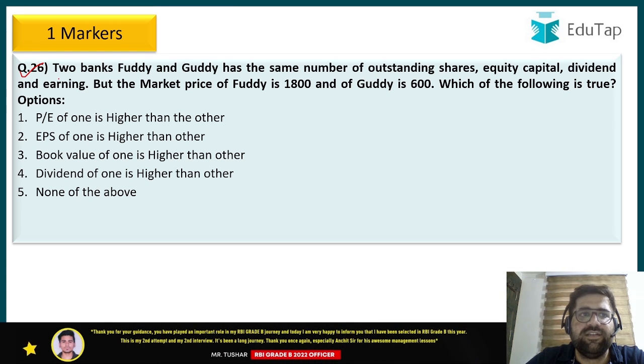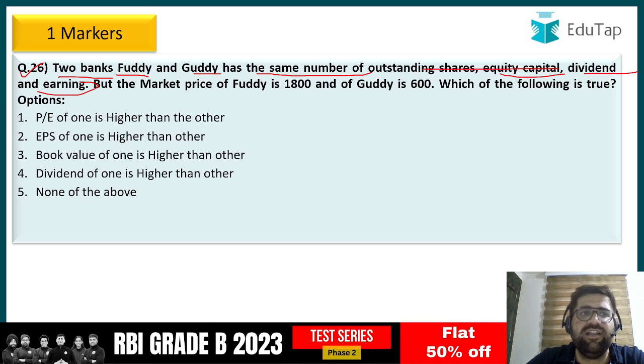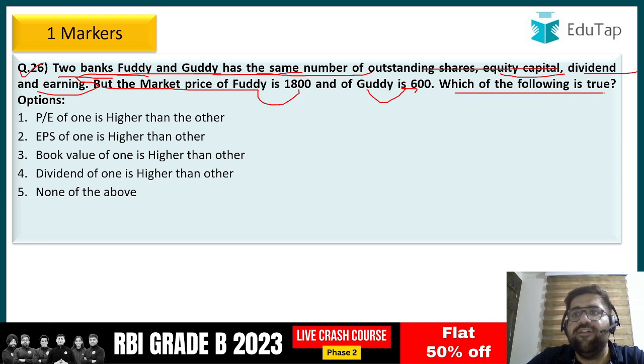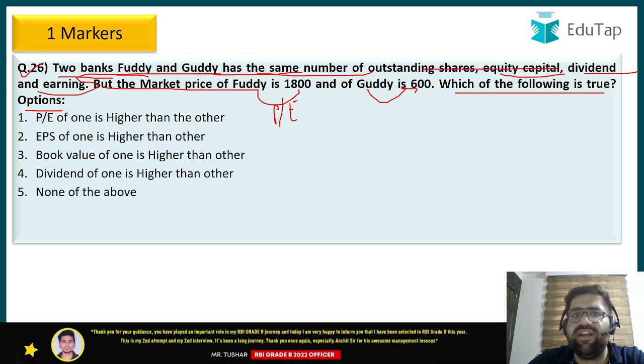Question number 26. Two banks, Foodie and Goody, have the same number of outstanding shares, equity capital, dividends and earnings. So basically many other things have remained constant. But the market price of Foodie is 1800 and of Goody it is 600. Which of the following is true? Now if you see the PE ratio, what is the PE ratio? Your price to earnings ratio, that is price divided by EPS.